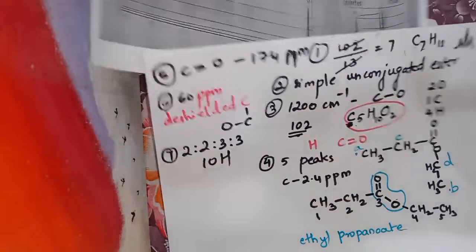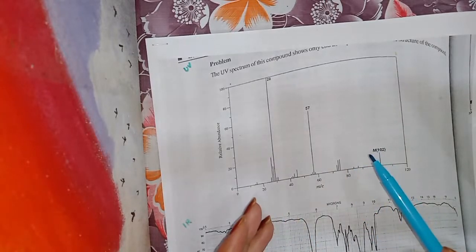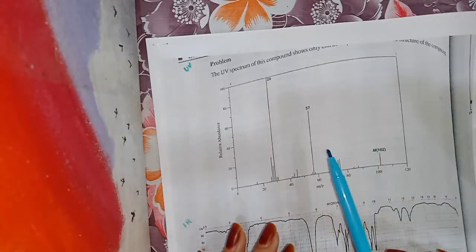Now here, one interesting thing I'll show you. That is the UV spectrum. Almost everything is not given over here. There is hardly anything which can be of any interest in this. It is uninteresting. But because of this M102 peak that is being provided, it supports the identification of the probable structure.